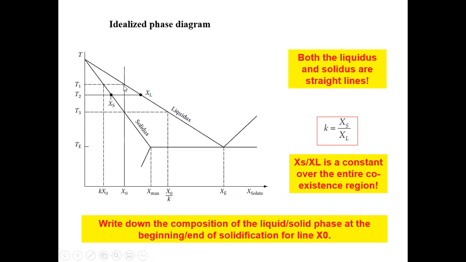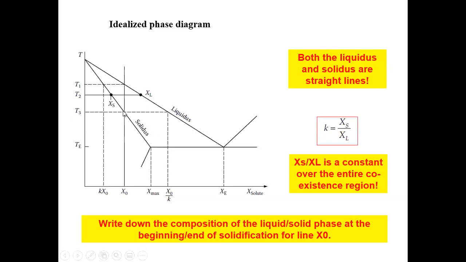This is the tie line, right? T1 is the temperature at which solidification starts. If the liquid composition is X naught, what's the solid composition at this temperature? As we mentioned last time, it is simply K times X naught, because the ratio of the two equals K. If your liquid composition is X naught, the solid composition is simply K times X naught, which is right here. Does this make sense to everyone?